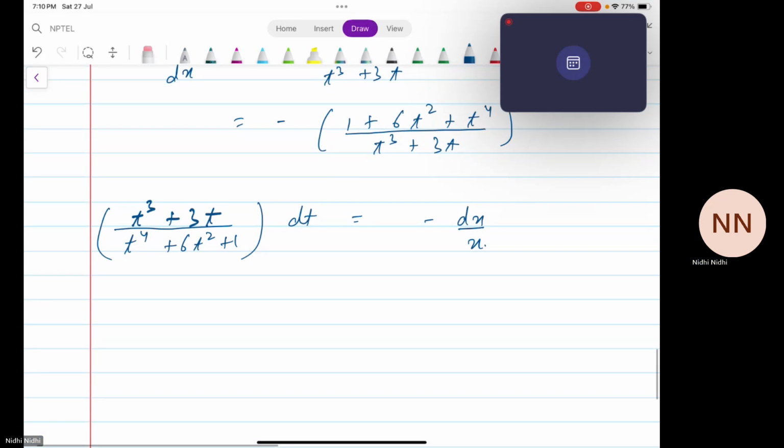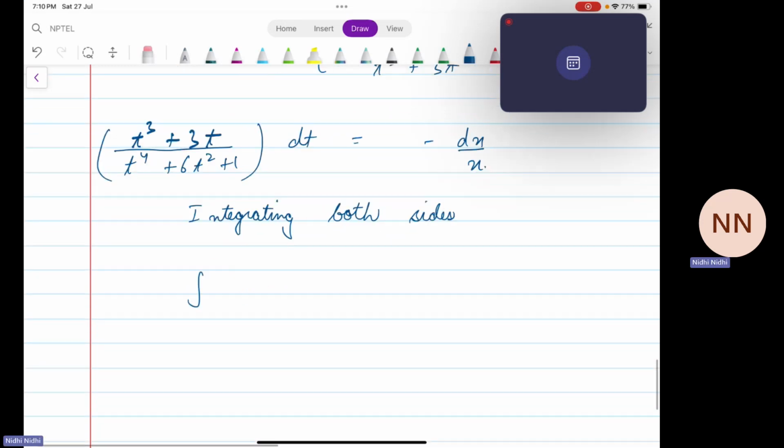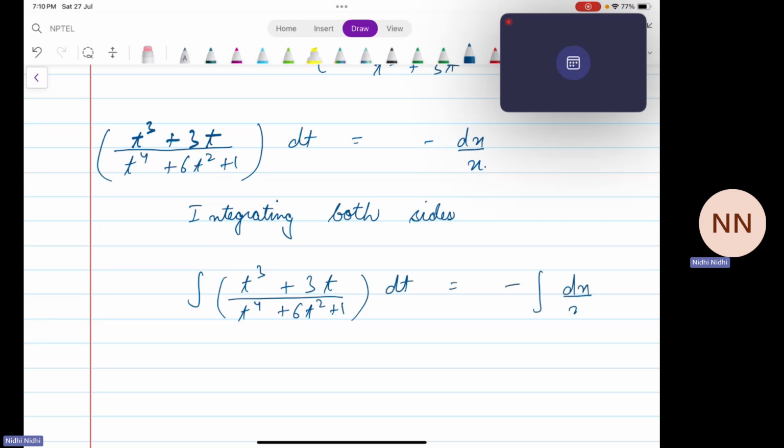So now integrating both sides, we get integral (t cube plus 3t) upon (t power 4 plus 6t square plus 1) dt is equal to minus integral dx upon x.